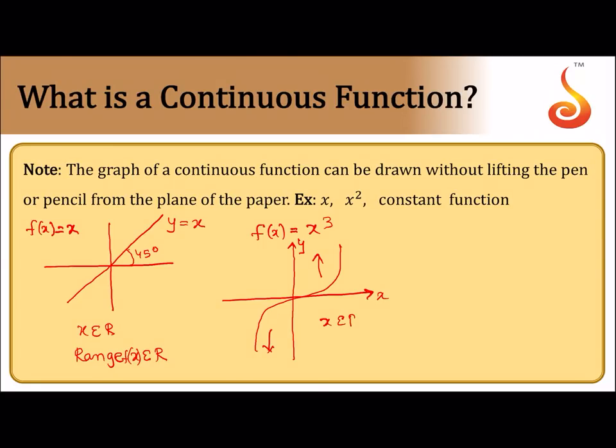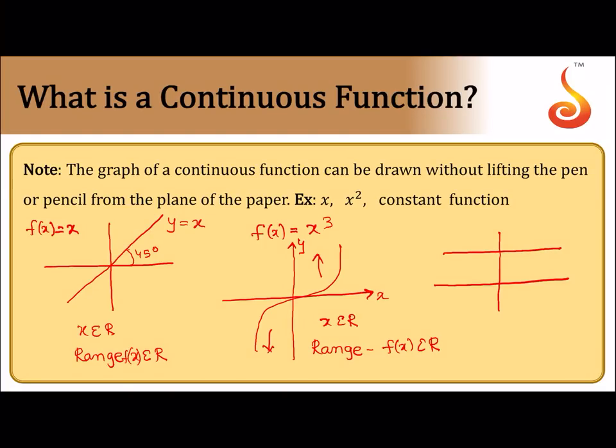This is the x-axis, this is the y-axis. There is no break at all, a continuous function. The domain is x belongs to real numbers. The range is also real numbers.